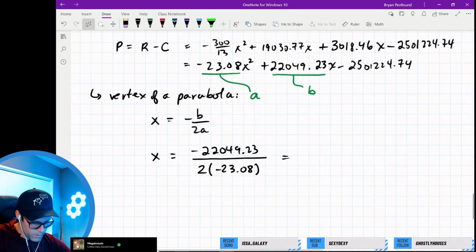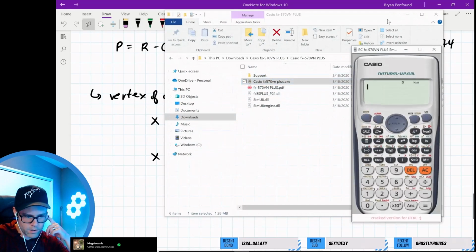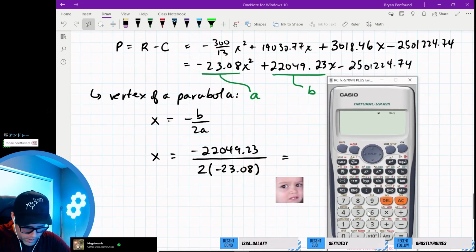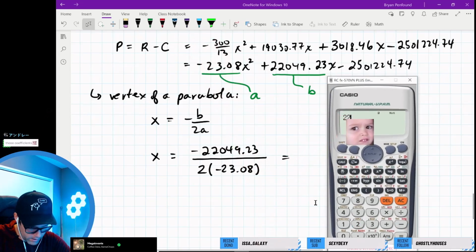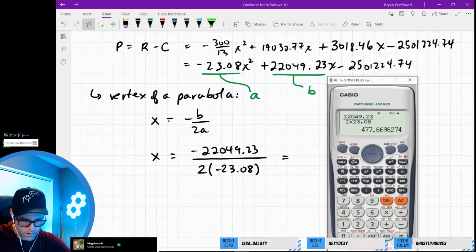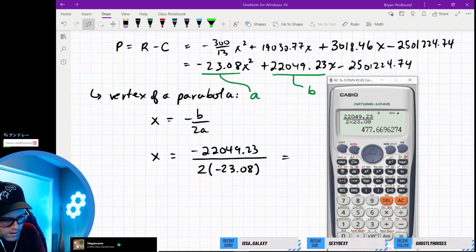And again, we are doing some approximations here, so it's not going to be perfect or exact by any means, but we should get a pretty good ballpark answer by doing this division. So 22,049.23, let's divide that by 2 times 23.08. And we get about 477.67.